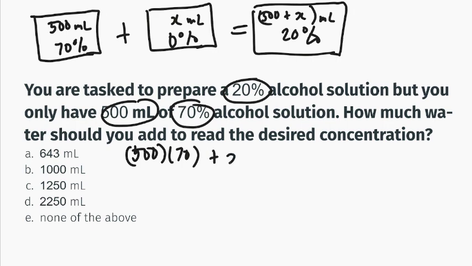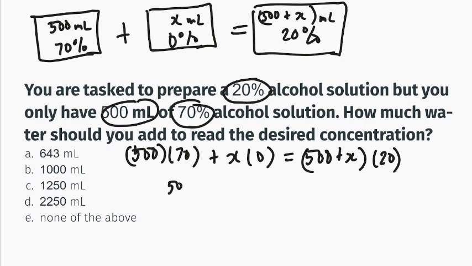And plus X times 0, which will now be equal to 500 plus X times 20. Then we're going to solve for X. So we have here 500 times 70.